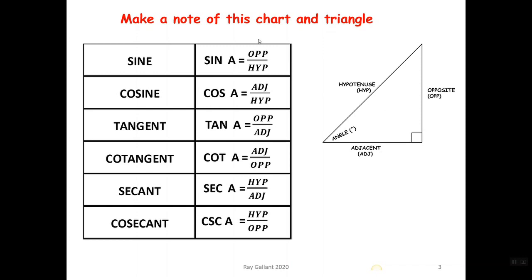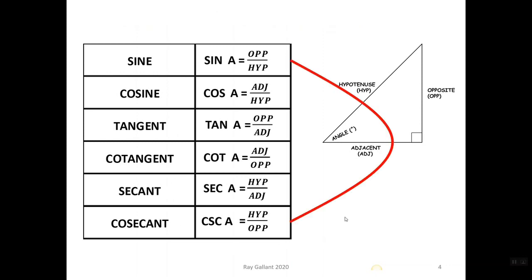Okay, let's take a look at our chart here. We have sine, cosine, tangent, cotangent, secant, and cosecant. If we take a look, some of these have relationships.